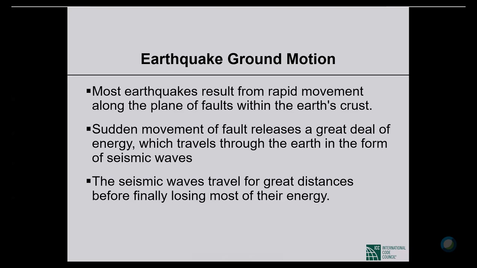Let's start with earthquake ground motion. Most earthquakes, not all, result from rapid movement along the plane of faults within the Earth's crust. Sudden movement of a fault releases a great deal of energy which travels through the Earth in the form of seismic waves.